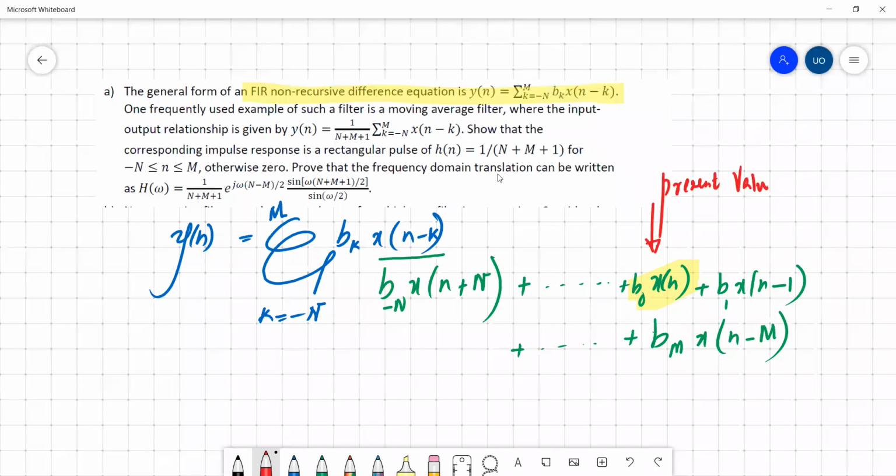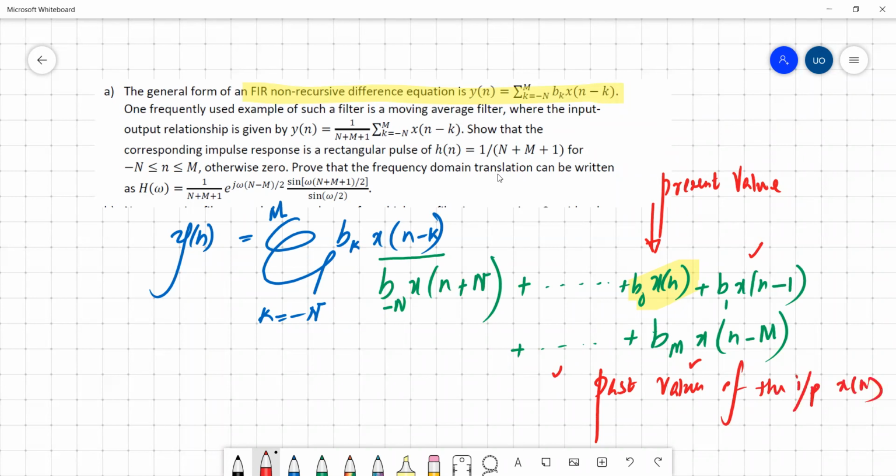These are basically past values of your input xn.